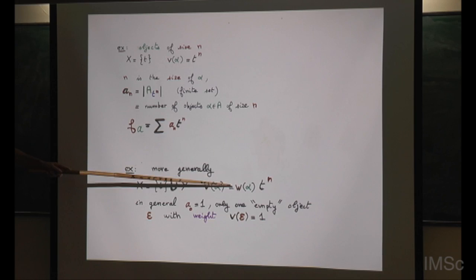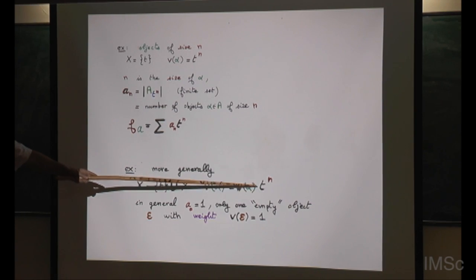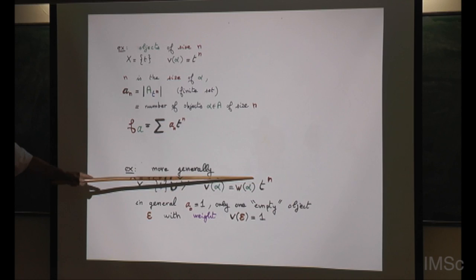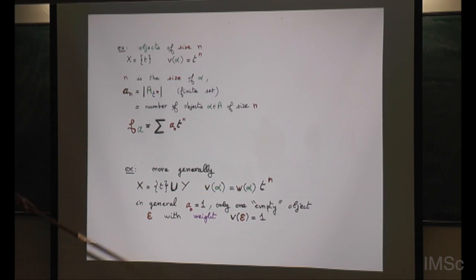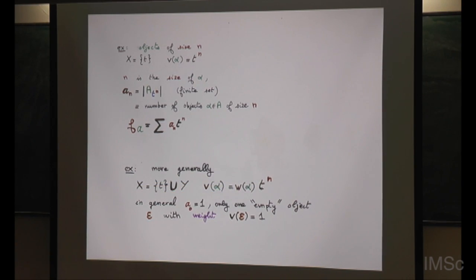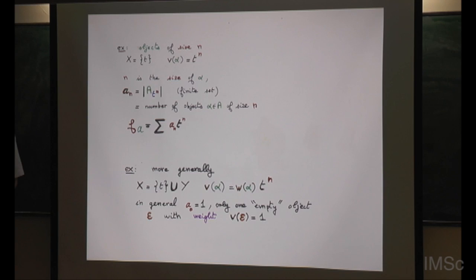The generating function will be an enumeration of all the objects of size n, with an extra weight which can be some parameter, because we will enumerate objects of size n with many other parameters. This is very important in different fields.